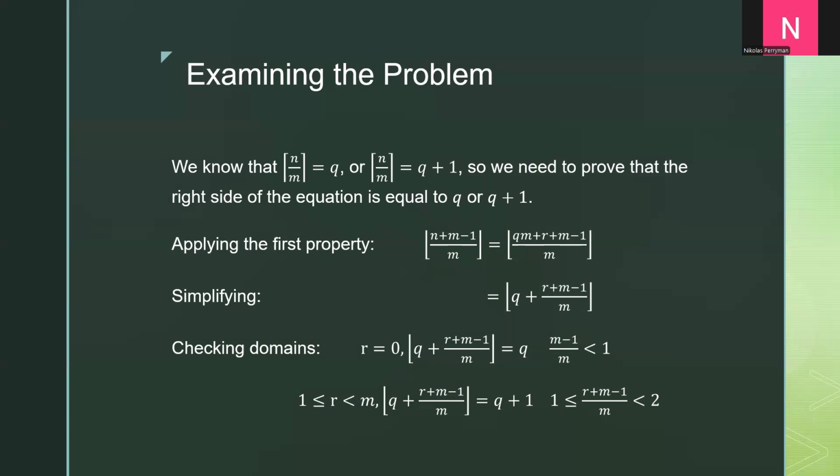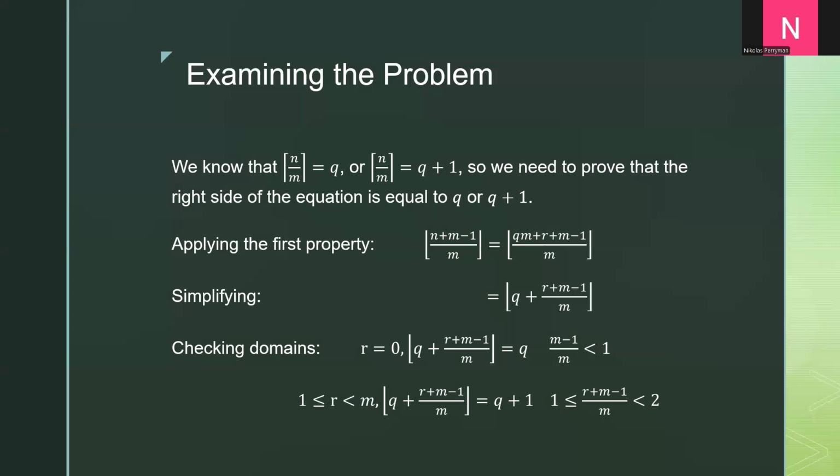So if we apply the first property, which is just substituting for n, then we'll get the floor of (qm plus r plus m minus 1) over m. So we can simplify just a little bit because the q is multiplied by m, so that can just be pulled out of the fraction and set on its own.